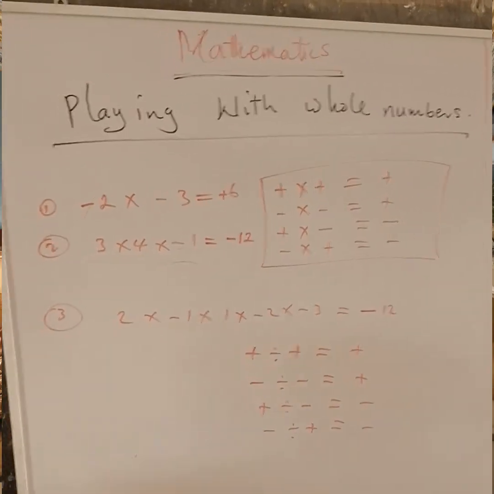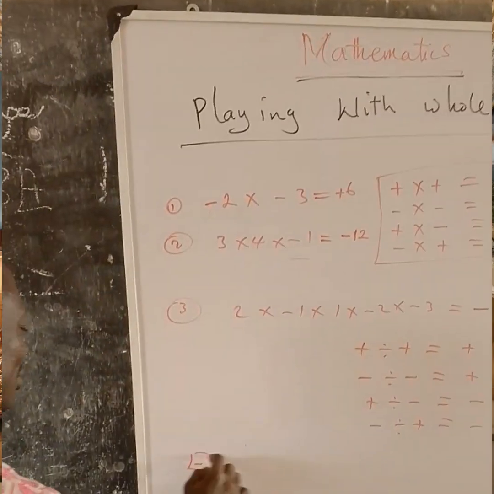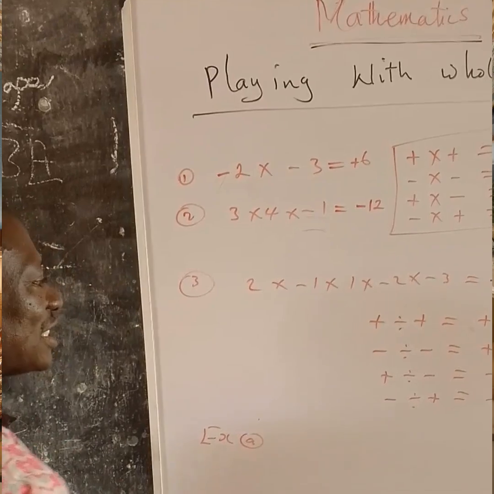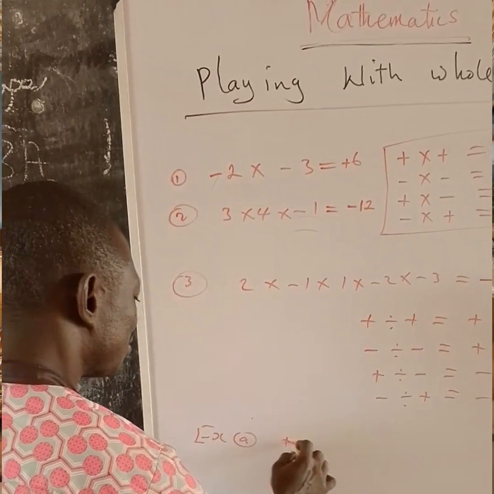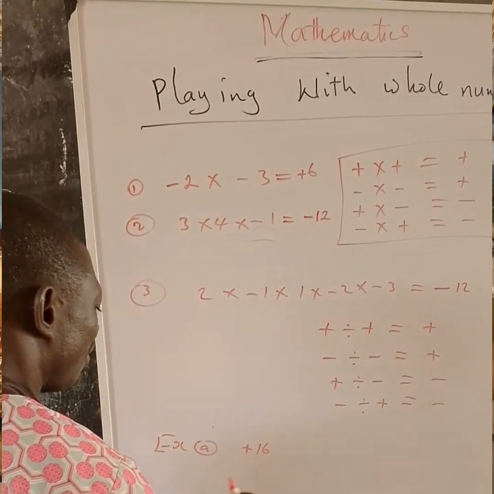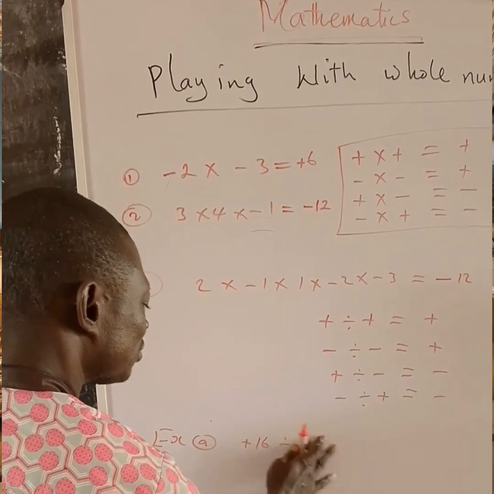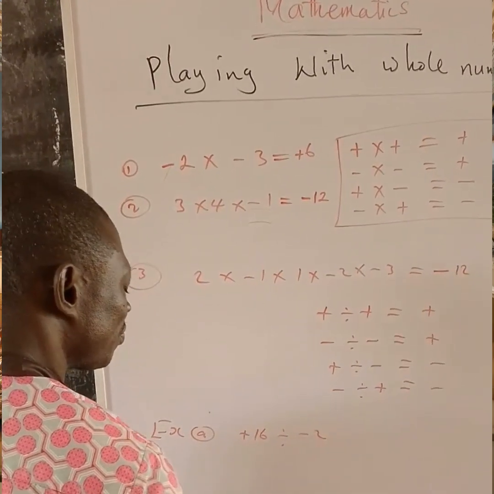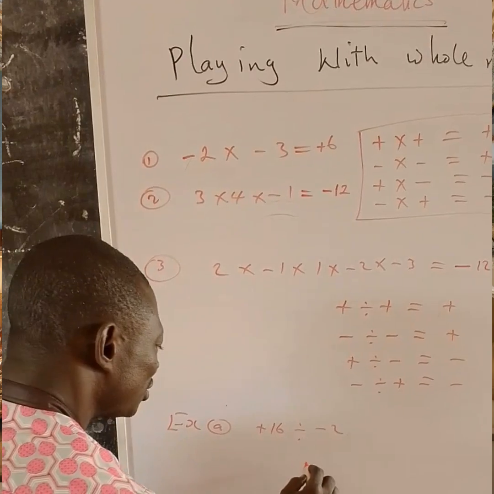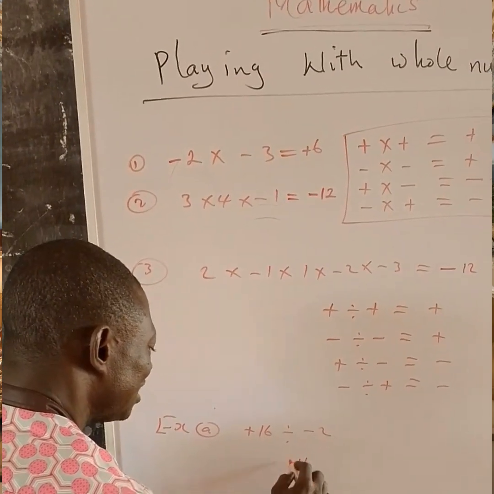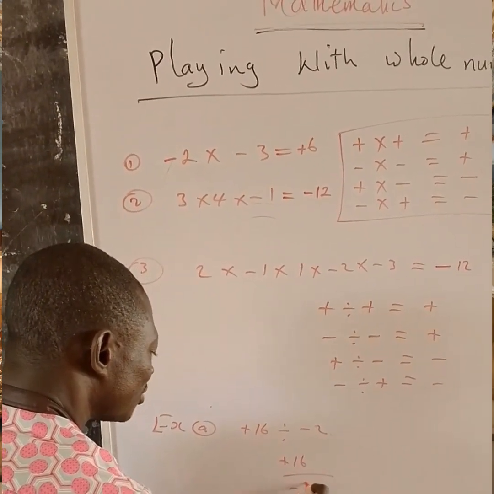And so, whenever we have examples like plus 16 divided by minus 4. Okay, let us take it to minus 2. What it means is that we are going to write it as 16 over minus 2.